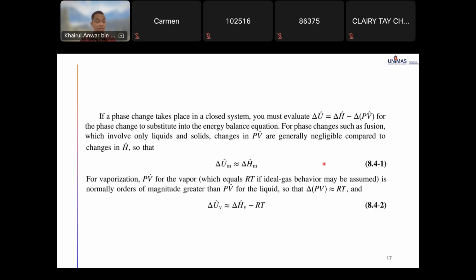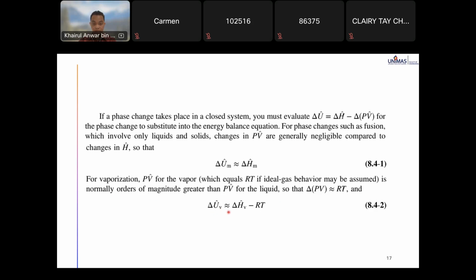For vaporization, PV for the vapor equals RT if ideal gas behavior may be assumed, so delta PV equals RT.